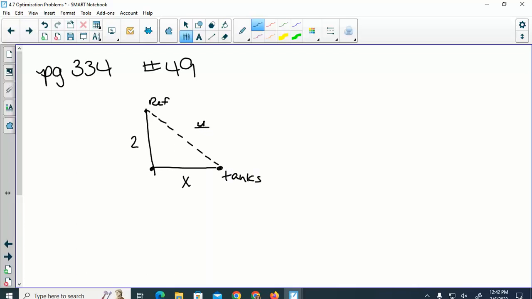Okay. And can we assume that this would be a right triangle? All right. So then what could we do to solve for y, or to rewrite it? So that would be the square root of x squared plus 4.